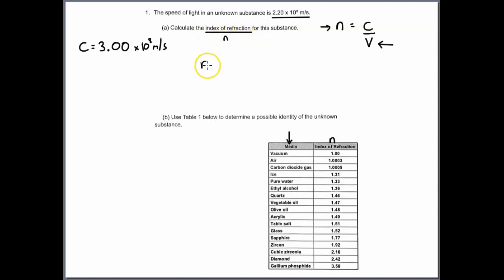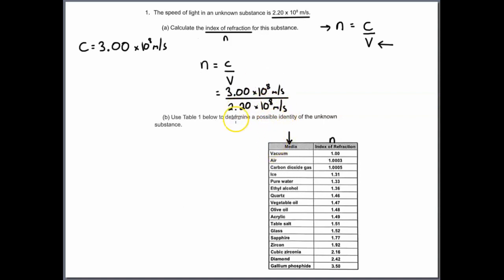So n equals c over v, and that is 3.00 times 10 to the 8 meters per second divided by 2.20 times 10 to the 8 meters per second.